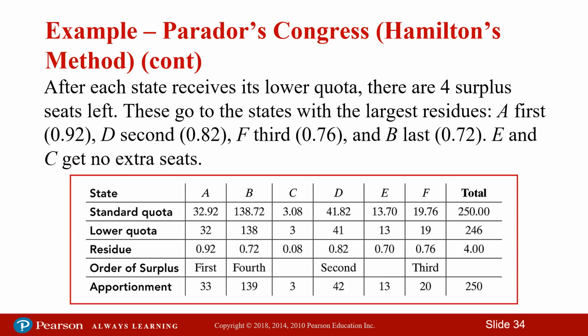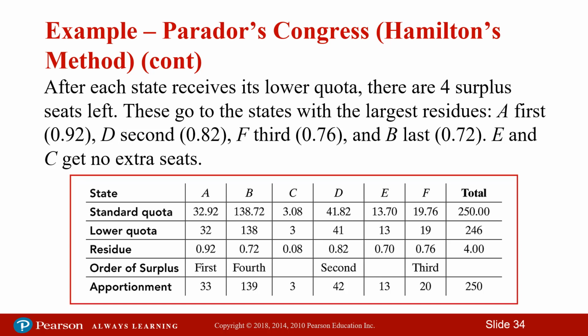So standard quota, here it is. This is how many seats they should get. Again, we're not talking about the divisor, that was before already. So we go with standard quota, and notice that everybody gets the lower one. Then this is the residue, what's left over on the decimal. If you look across here, there are 246 seats filled in by the lower quota.